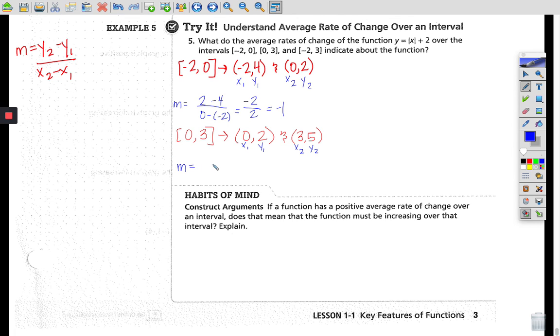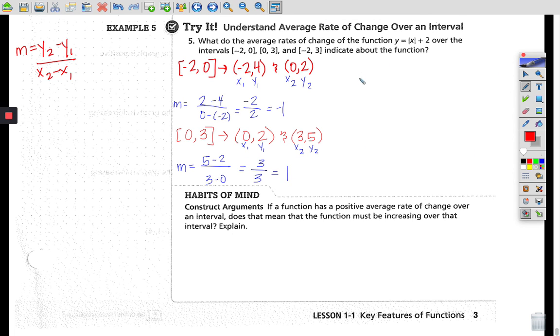So m equals 5 minus 2 over 3 minus 0. So that's 3 divided by 3, which is just 1. So from the interval 0 to 3, my average rate of change was 1.